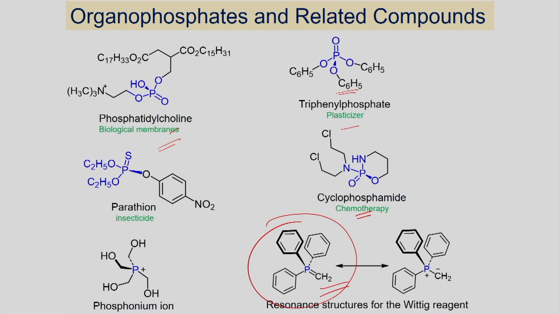So as you can see here, phosphorus compounds find broad applications in medicinal science, biological science as well as agricultural science. This we use for chemotherapy, and this we use as an insecticide. In addition, we are going to see the utilization of this reagent for the reaction with aldehydes and ketones for olefin formation.